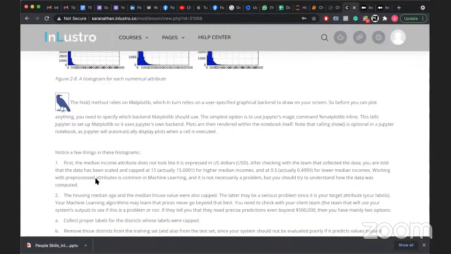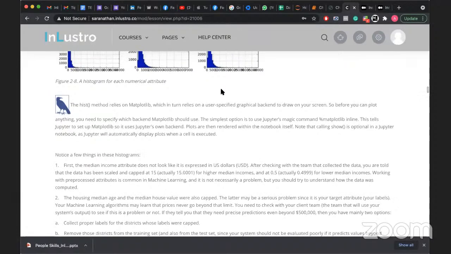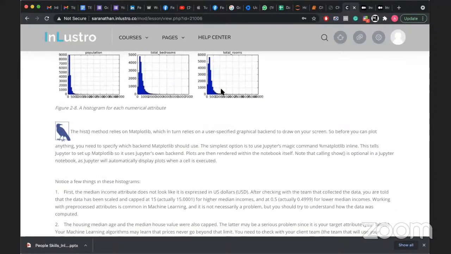Sir, I'm getting an error, sir. What error is there? Sir, it says there is no matplotlib module name. Oh, you don't have matplotlib installed? Did you execute all the steps in the median block? There was something for all the library installations also.